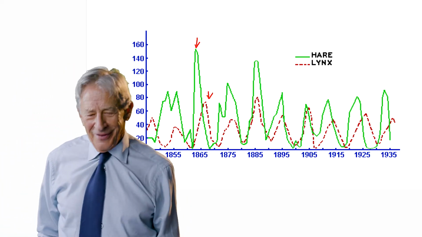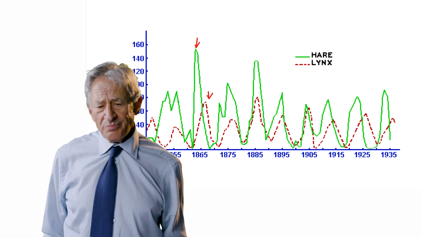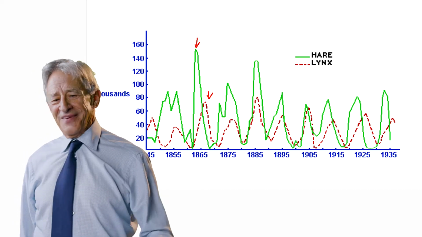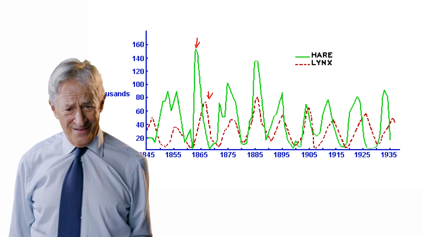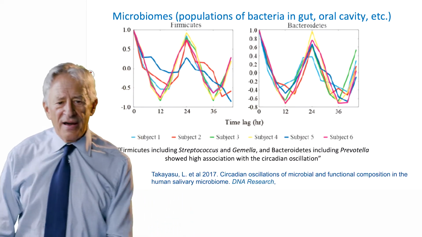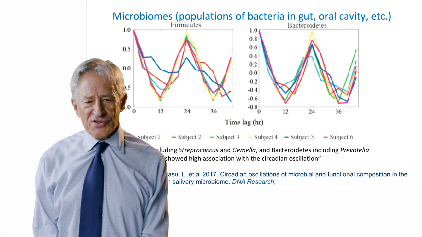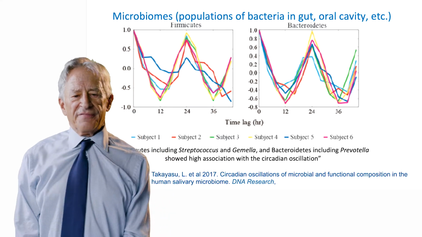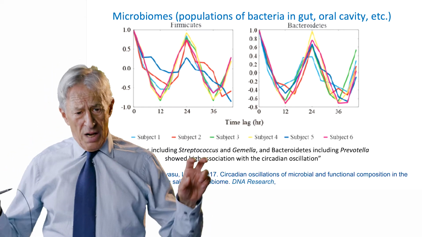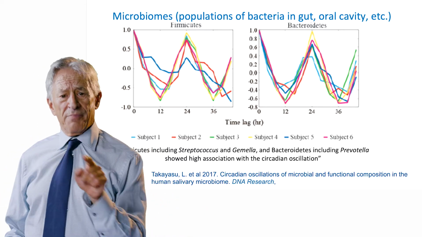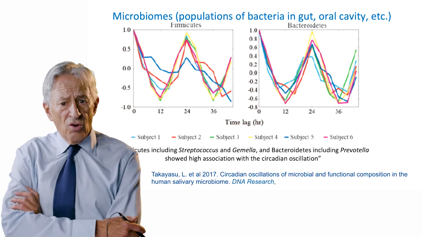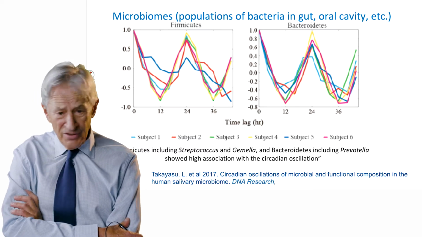Now there's an example, a very important example, of ecological oscillations in physiology. What am I talking about? There's a lot of attention being paid, and rightly so, to this concept of the microbiome. So the microbiome are populations of bacteria in your gut, oral cavity, in the vaginal cavity.